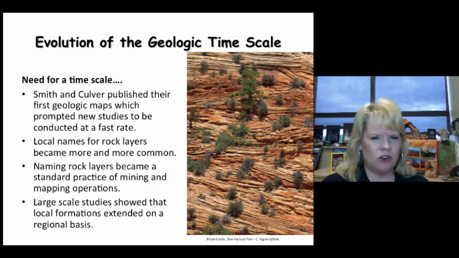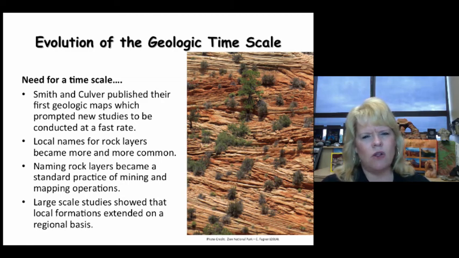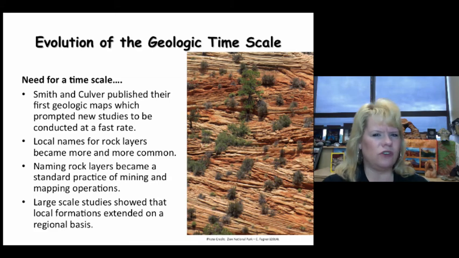Naming rock layers became a standard practice, as it still is today when rock layers are mapped for the first time. Ultimately, large-scale studies indicated that formations weren't just localized, that they were regional, and even beyond regional on a larger scale, which meant that we needed to look more comprehensively at the rock record and map outcrops further away from the origin source of which we initially started.